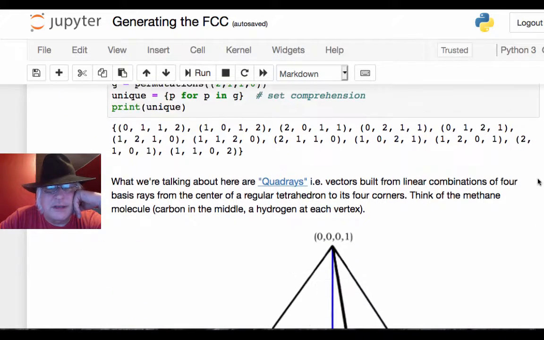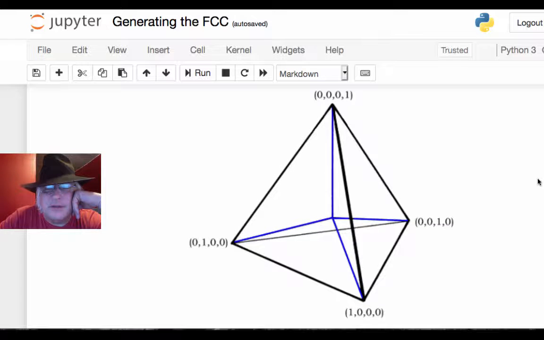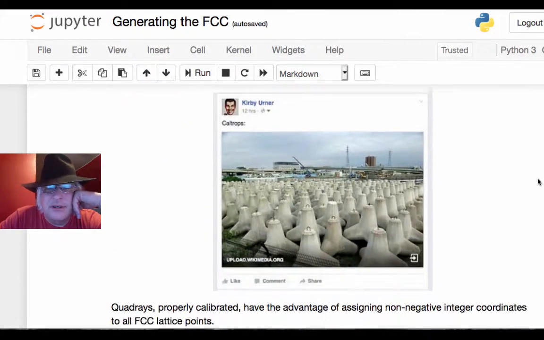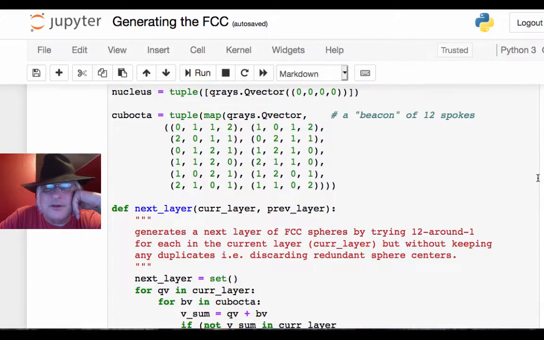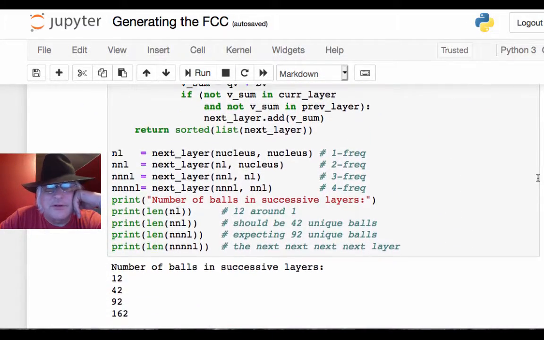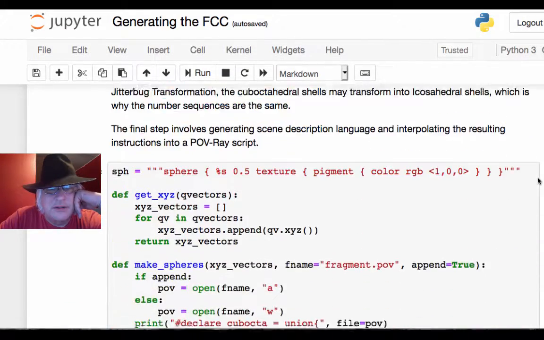Other places, I just get to share in field testing situations various aspects of the curriculum. Now I'm looking for more andragogy, like adults, because the XYZ vectors and all that are not taken for granted by kids. They haven't learned even XY yet. So how do we jump to quadrays, right?